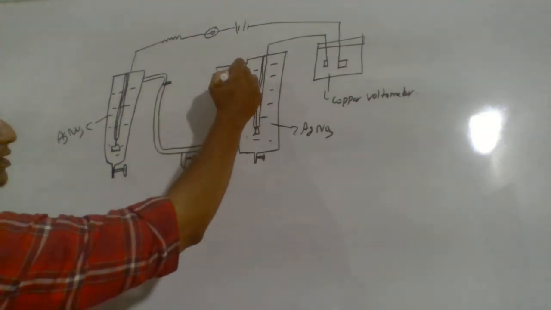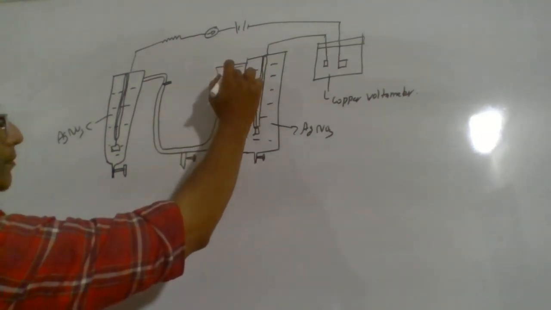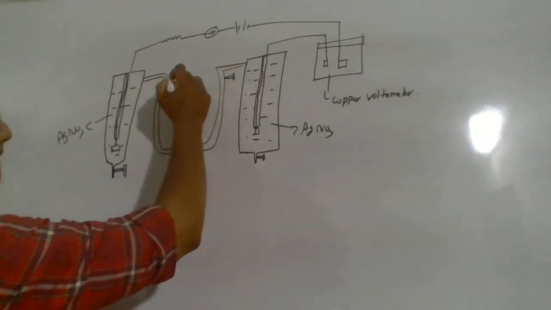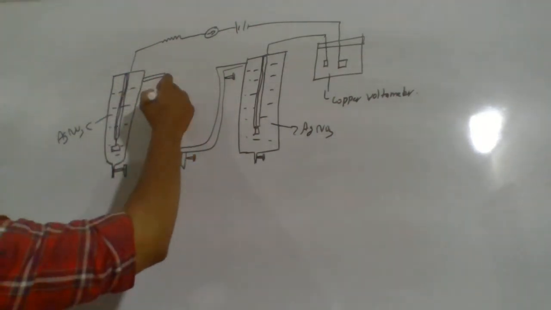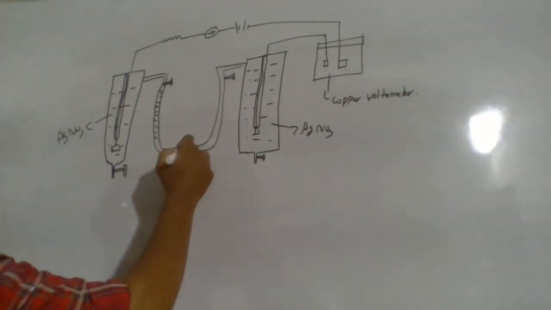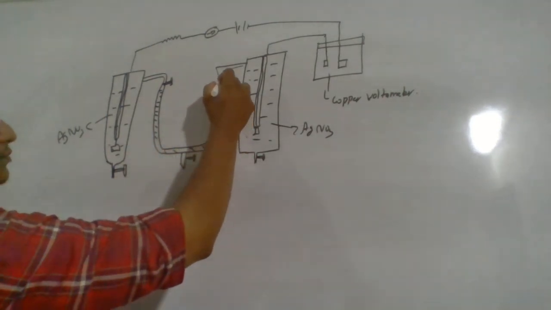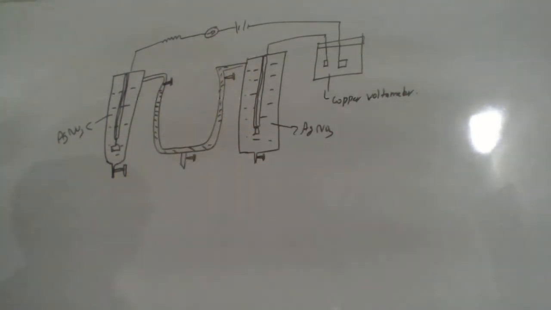You can imagine. So here also silver nitrate solution is there. This is the U tube which is connected in between the anode and cathode. So this is the experimental setup.